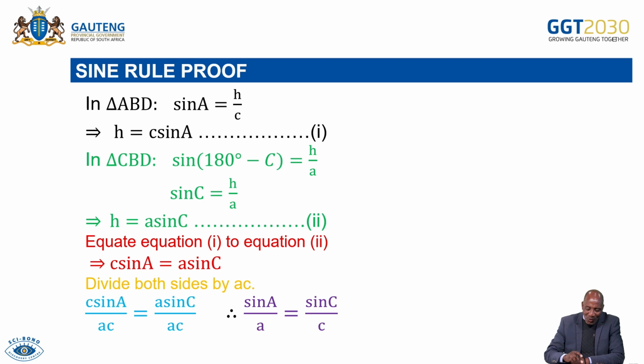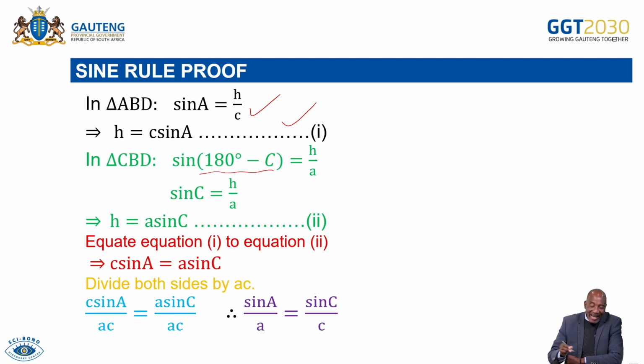It's now taking you back to what we explained earlier on. In triangle ABD, our sine A became h over c, leading us to h equals c sine A. Then in triangle CBD, that small triangle, our sine of 180 degrees minus C, by sum of adjacent angles on a straight line, was equal to h over a.